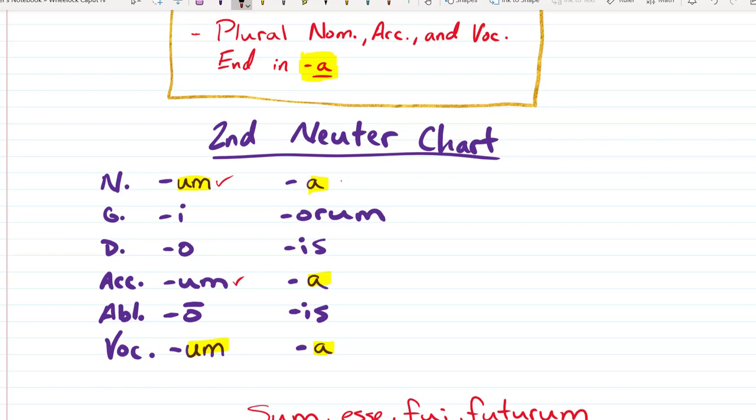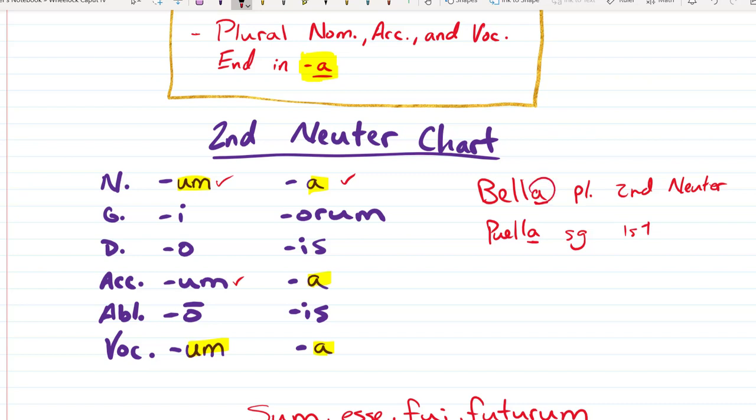Or that an -a, if we had "wars," that's plural. And if we had "girl," that's the same -a, but that is singular, because that is first declension and this is second neuter. So knowing your gender and knowing what declension a word belongs to is going to start becoming super important.